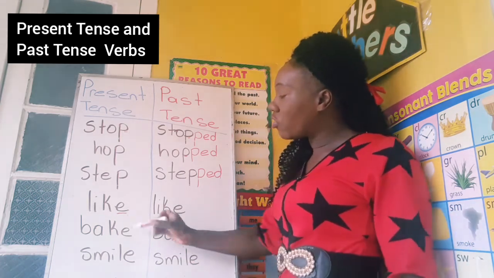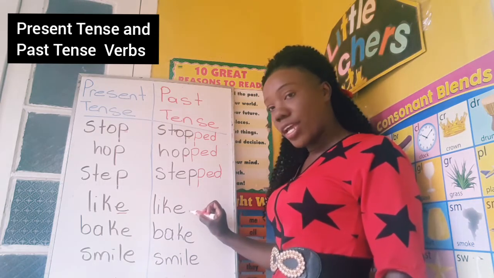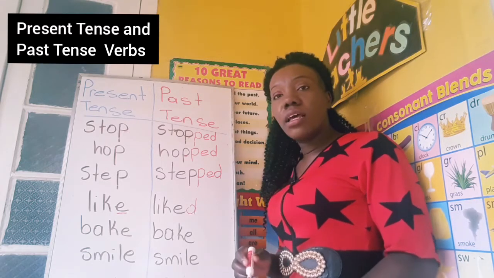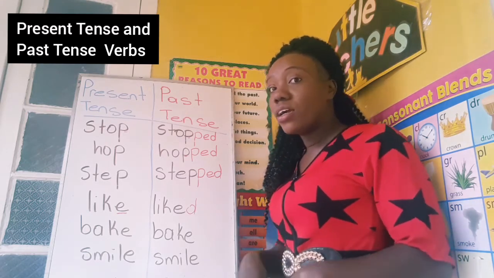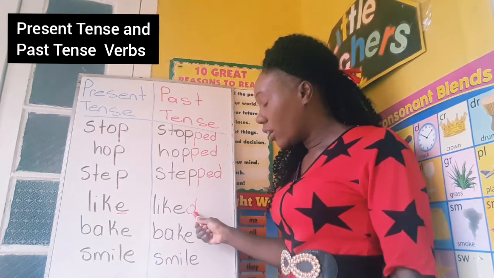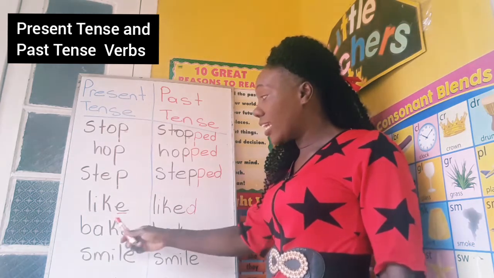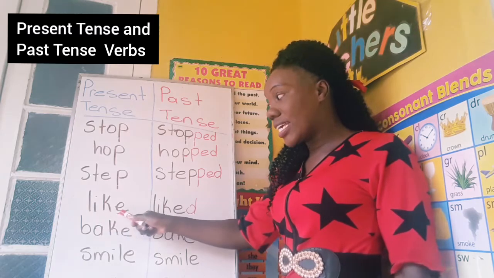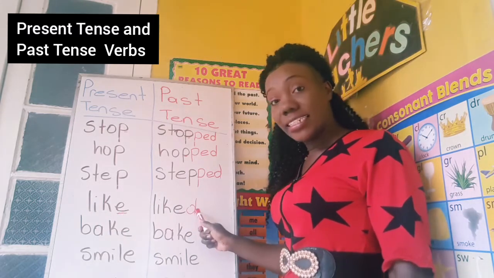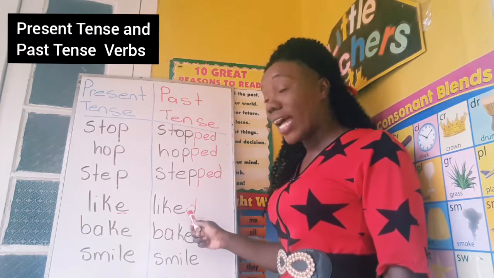Now because it already ends with E, you do not add another E. You just add D. So verbs that end with E, you add D to make it past tense. So present tense verbs that end with E, to make it past tense, you add a D. Just add D. You don't have to do ED, you add D.